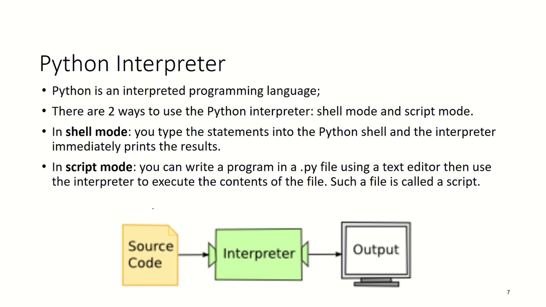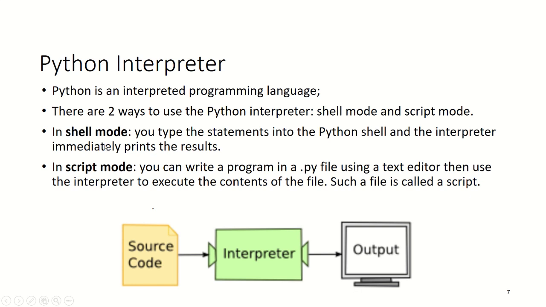But in the case of the interpreter, it's line by line checking of your code. In a compiler you are giving the whole code as such, but here the interpreter will do the error corrections then and there itself. That means the interpreter basically goes for bug identification on a line by line basis. So Python is basically an interpreted programming language, and you can run Python in multiple ways.